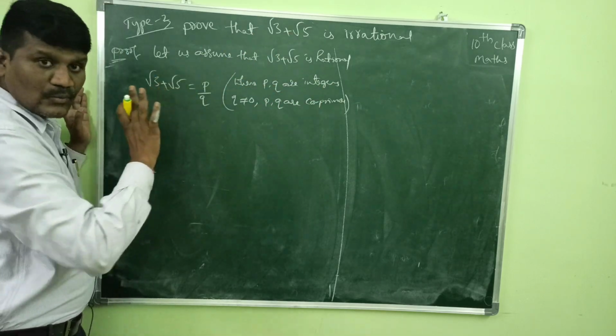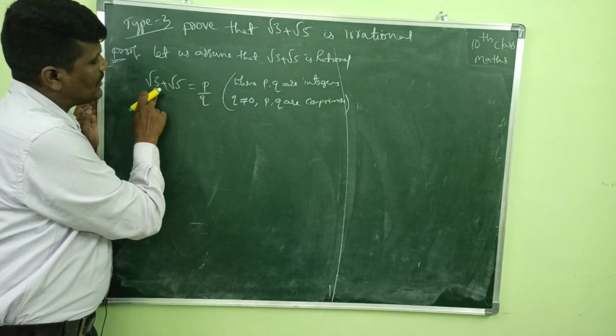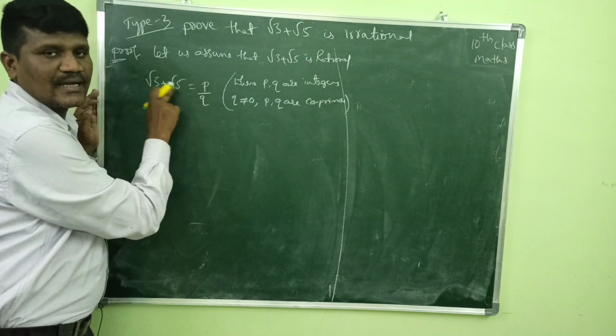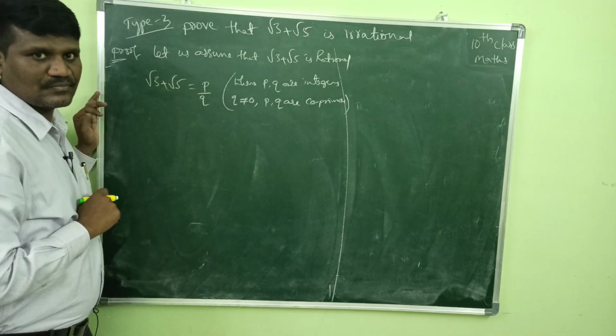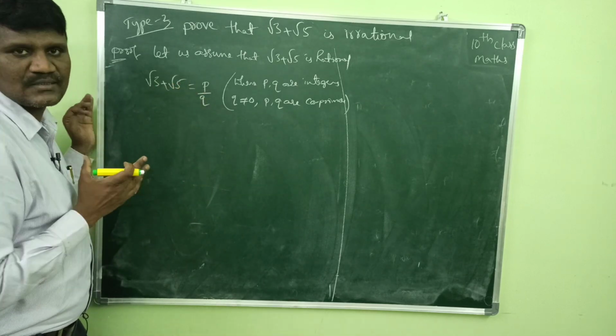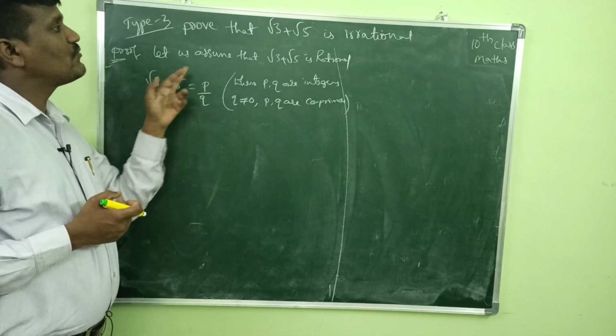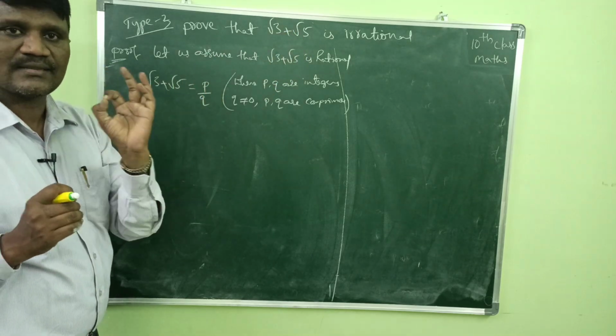Now the only difference for type 3 is that the left hand side has both terms irrational. So you make the left hand side have only one irrational. How do you do it? Just square both sides. So remember, if two terms are irrational, square both sides.